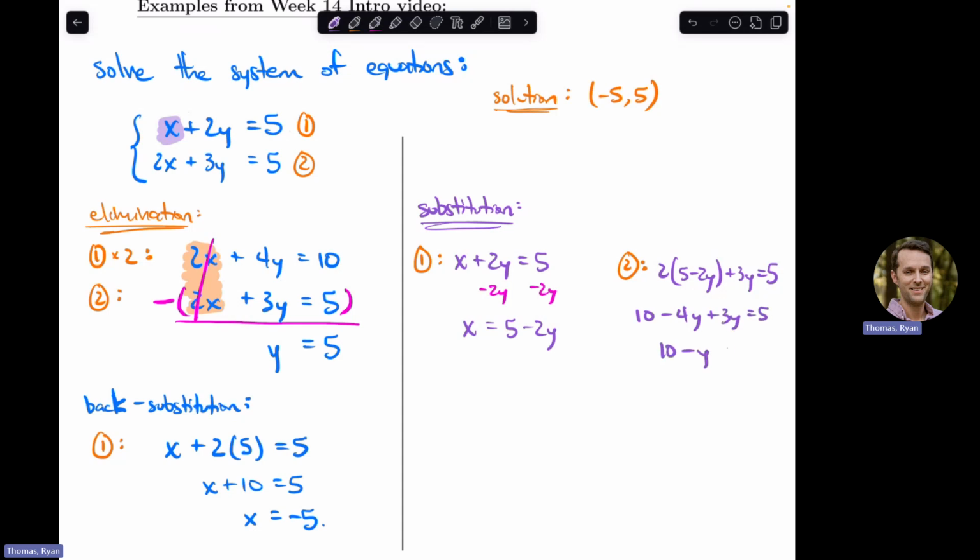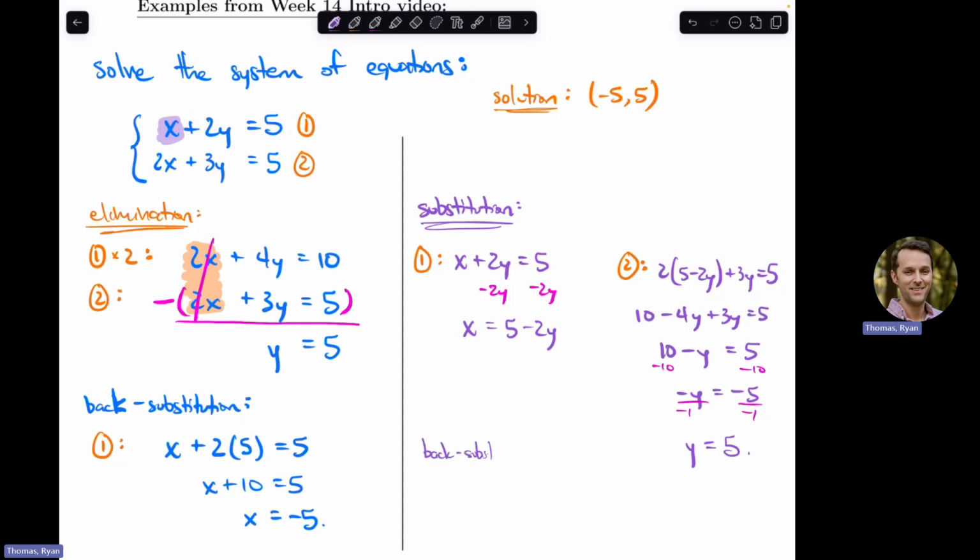So 10 minus y equals 5. I'm going to subtract 10 from both sides. Negative y equals negative 5. And then multiply or divide by negative 1. Right, the opposite of y is negative 5, so y itself is 5. And then again, I'm going to back substitute.